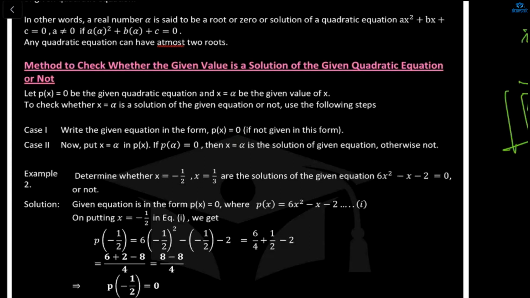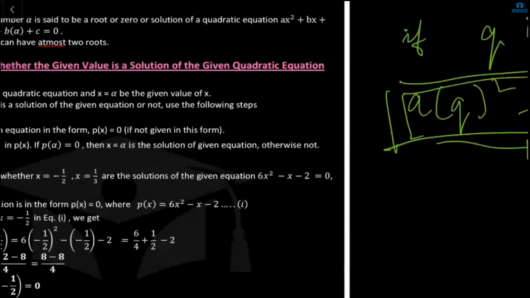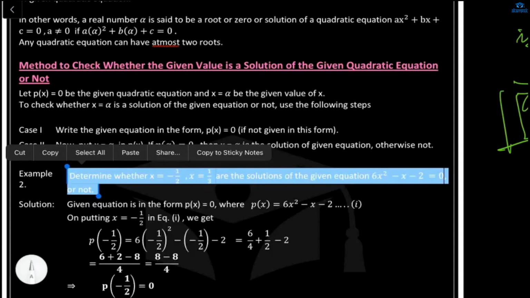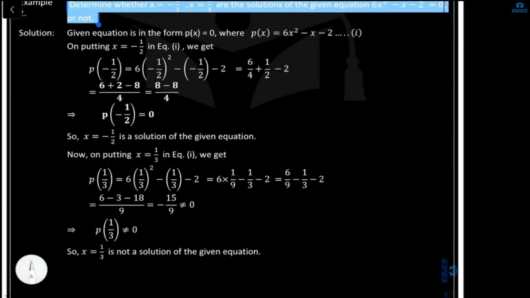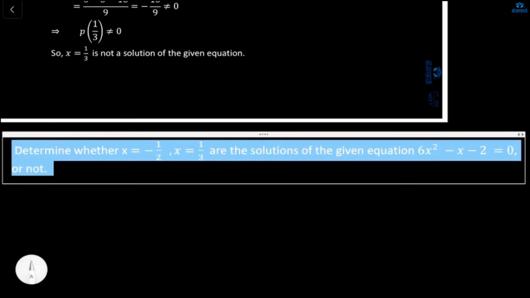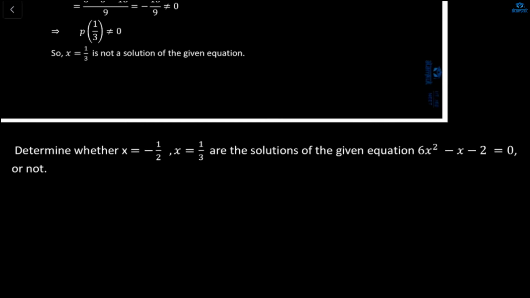We have an equation here. First, let me copy it. Now you can see it is written: determine whether x is equal to minus 1 by 2 and x is equal to 1 by 3 are solutions of the given equation or not. So you have to check whether these are solutions or not.